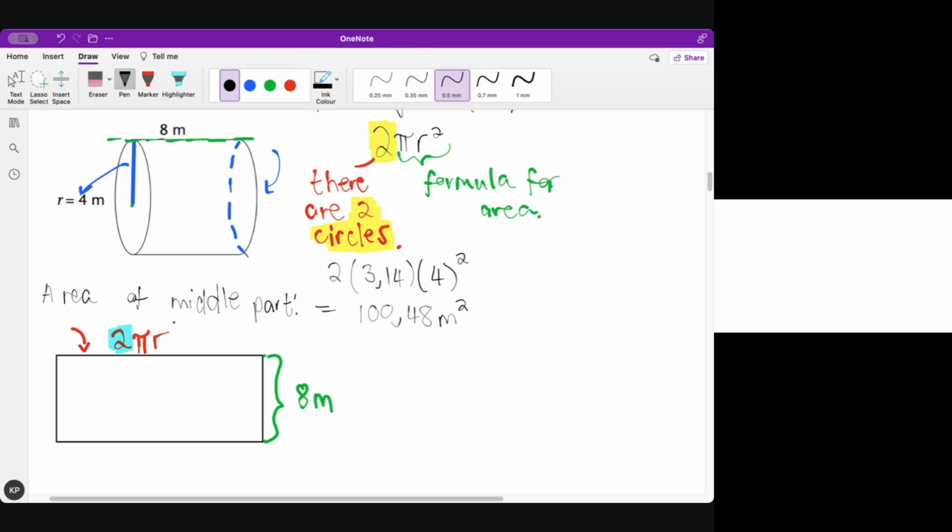Okay, so we know that the length of this rectangle is 2 times pi times radius. So let's work out the length. 2 times 3,14 times the radius, which was 4. Let's get working it out. 2 times 3,14 times 4. Okay, I have an answer. Let's hear what you guys have to say.